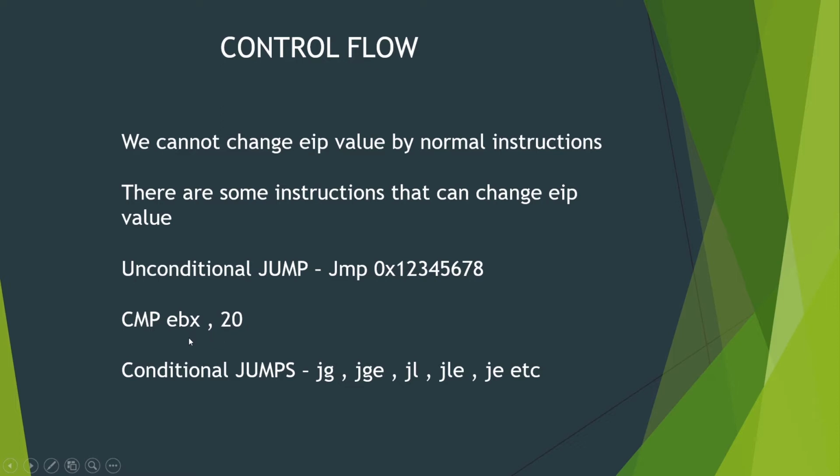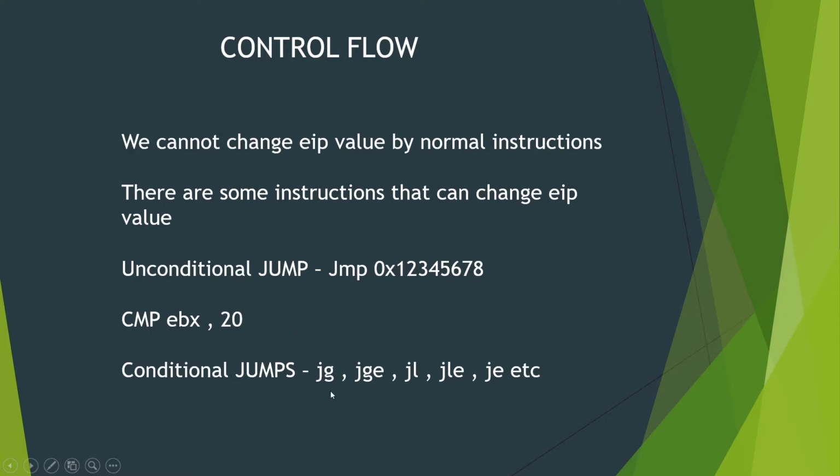It affects the extended flags like the zero flag, sign flag, overflow flag, etc. Actually, this compare instruction subtracts these two operand values and then sets the extended flag values. Based on those flag values, these conditional jumps take place.